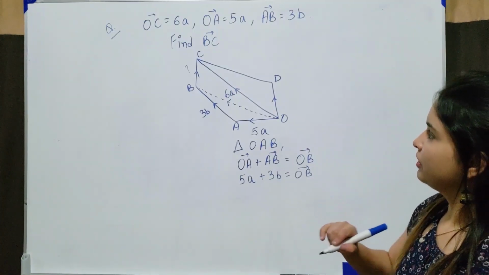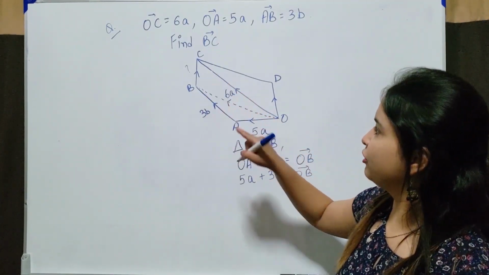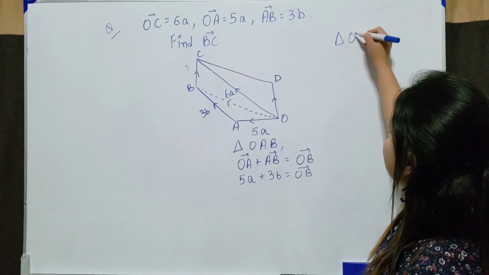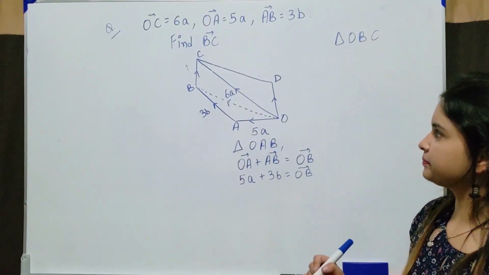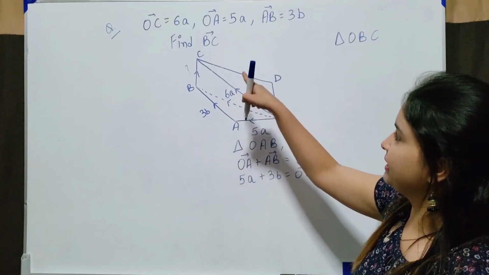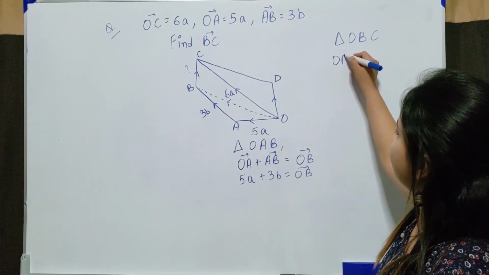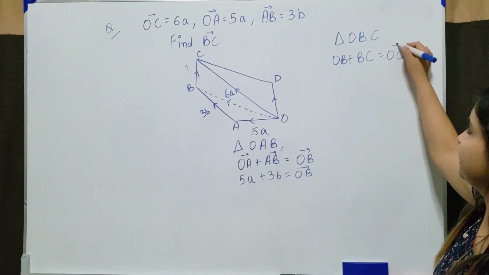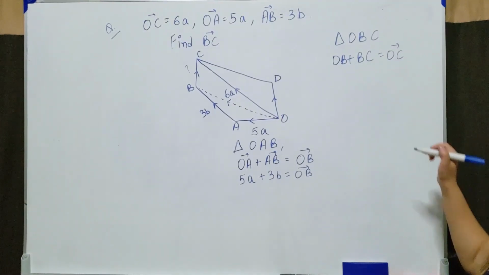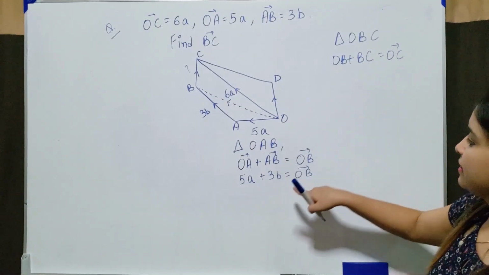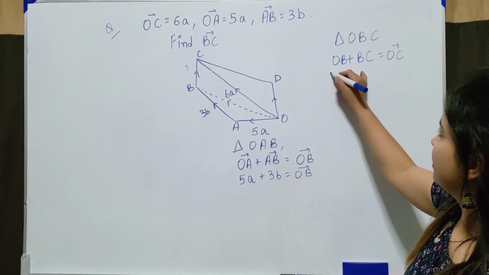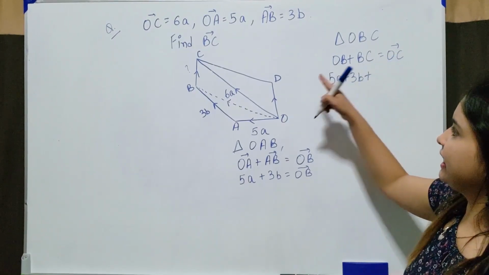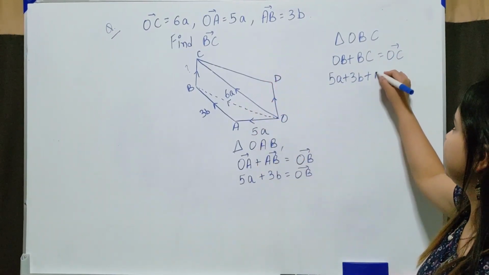Now, in order to find BC, I will use triangle OBC. In triangle OBC, OB plus BC is equal to OC using the triangle method. OB, I found out, is 5A plus 3B, plus BC. I don't know BC because I have to find it.